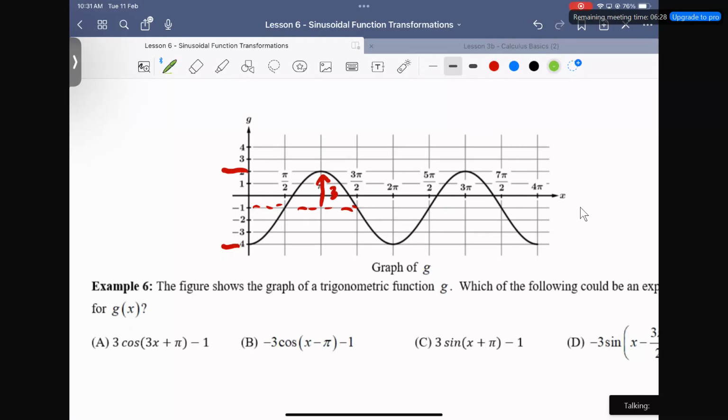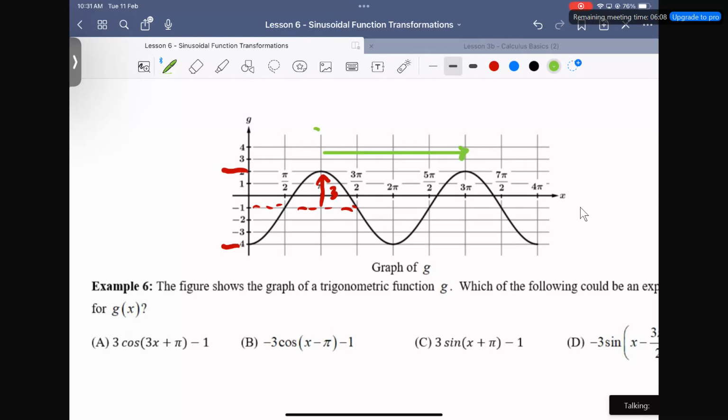Now, the phase shift. Let's just check the period. So our period this time is going to be from here to here.